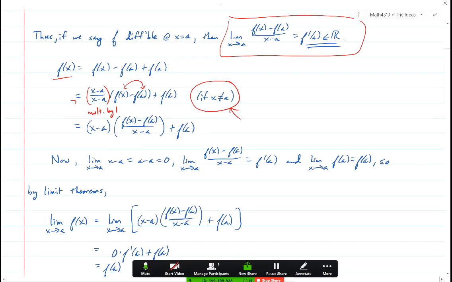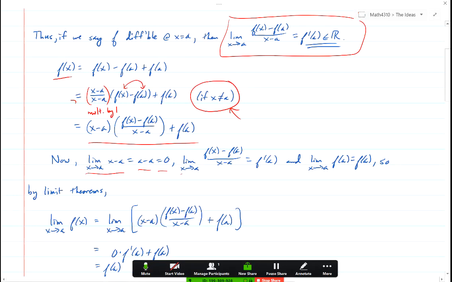So what does this just mean? Well, the limit as x approaches a of everything exists in this form. The limit as x goes to a of x minus a is just a minus a, which is equal to 0, by our standard limit results that we see from functions, earlier in the material when you're going through the material carefully.